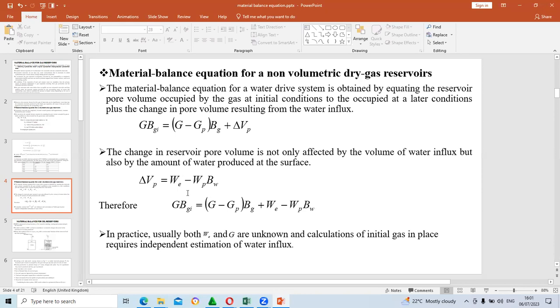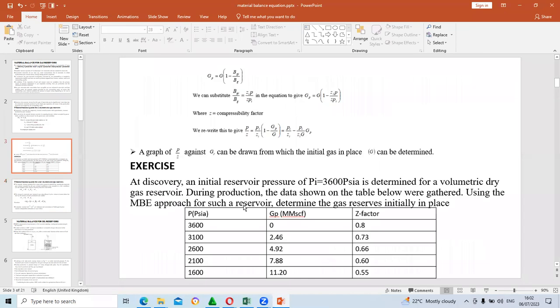And remember that part of this water is produced. So if water is getting into the reservoir, we'll end up having gas and water that is also produced at the end of the day. This now gives us a little bit more complicated formula than what we had in the first case. All right.